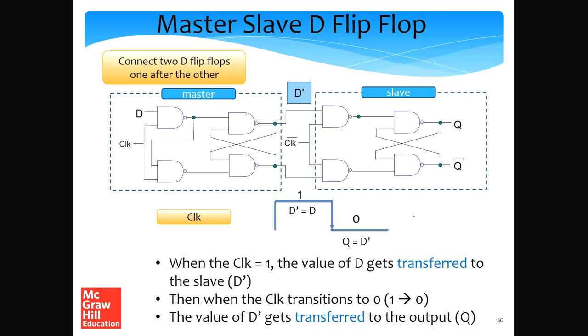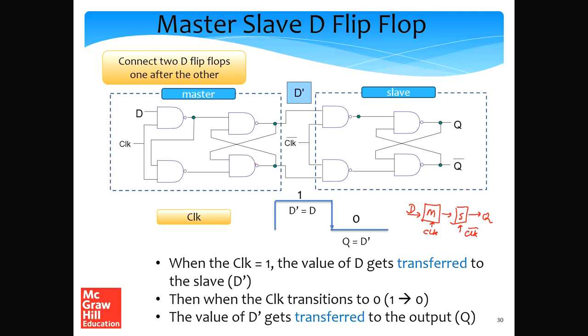So you can consider two D flip-flops where the D value goes in. There is a first flip-flop and there is the second one. Let's call the first one the master, the second one the slave, and then the output Q. The catch is that the regular clock goes into the master and the complement of the clock goes into the slave.